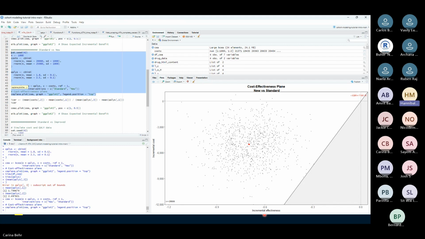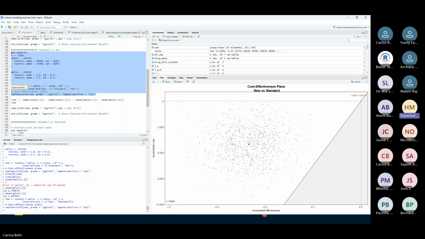Oh, sorry, my mic was off. No worries. All right, yeah, I see what you're talking about. But in this case, the cost was higher for the new rather than the standard, isn't it? Yeah. So the second one is the cost of the new. So I think the effectiveness now needs to be lower. That's why the ICER values tend to be negative relative to the standard.